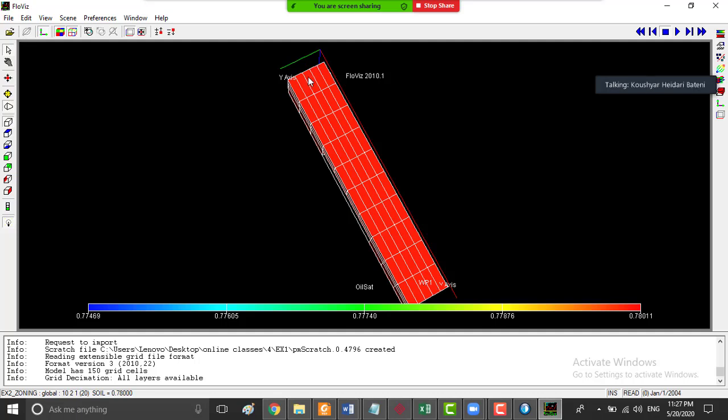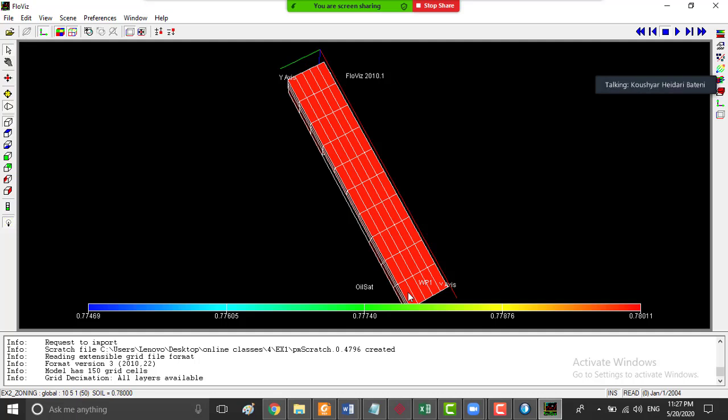This cell is going to be our 21st cell. This cell is going to be our, can you tell me? 13th cell. Great, Shahyar. Thank you very much. This cell is going to be our 31st cell. This cell is going to be our, Shahyar, 14th. Exactly. This cell 41st. This cell 50th. Right?